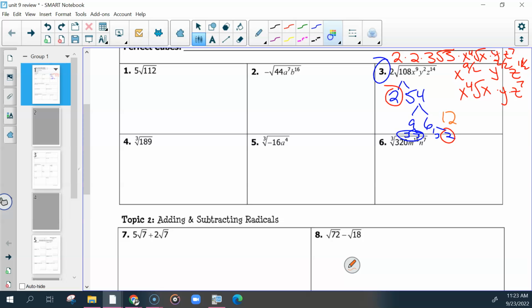On the outside, we have x to the 4th, y, and z to the 7th. So all of those will go next to one another. On the inside, we have 3 and x. So 12, x to the 4th, y, z to the 7th times the square root of 3x would be our final answer.